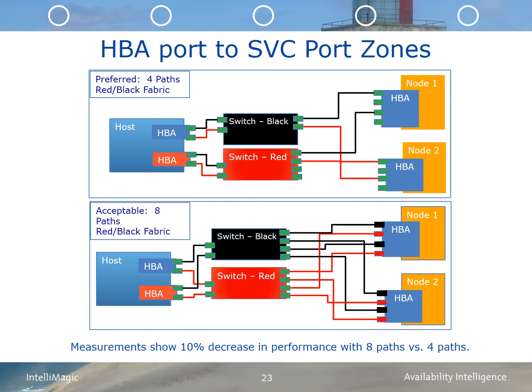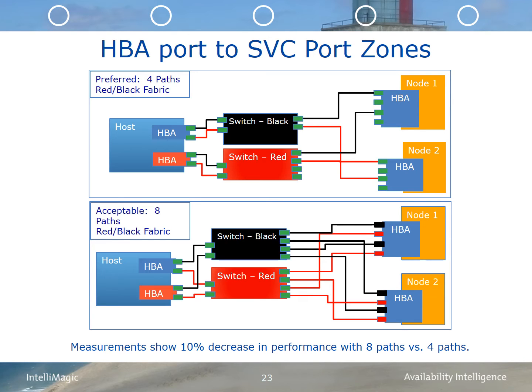In order to optimize the number of paths seen by the host multipath driver, each host HBA port should be put in a separate zone along with two SVC ports, one on each fabric. Do not place more than two SVC ports in a zone with an HBA port, otherwise you'll have more than the optimal number of paths seen from the host by the multipathing driver.